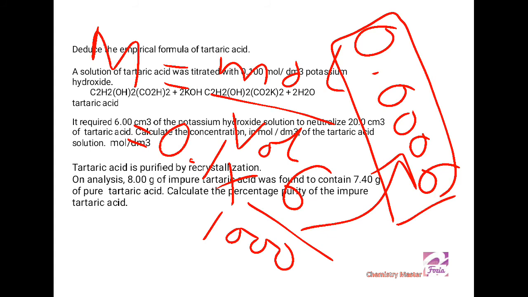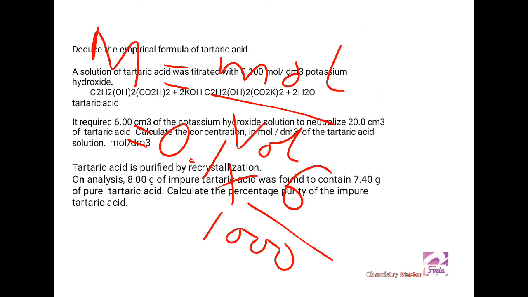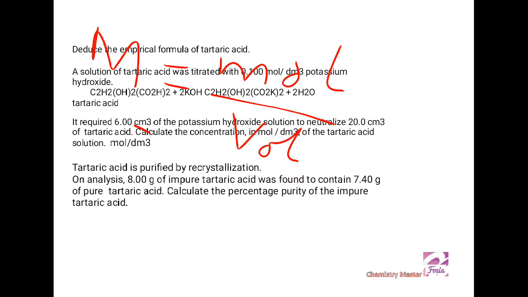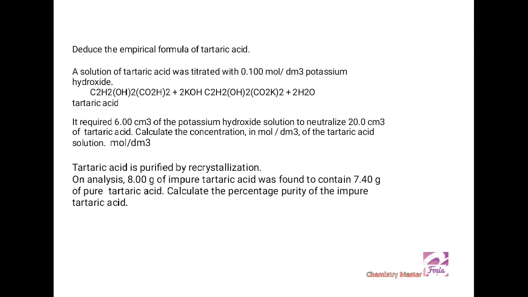Now we have to see how the moles of tartaric acid will be found. Okay, now we have to remember that 2 moles of potassium hydroxide are consumed by only 1 mole of tartaric acid. So we have to halve the moles of potassium hydroxide.